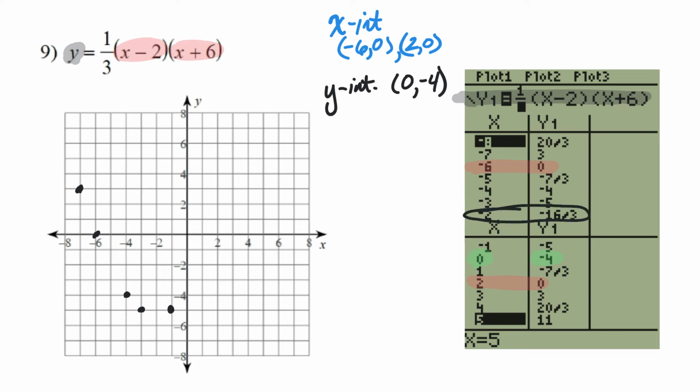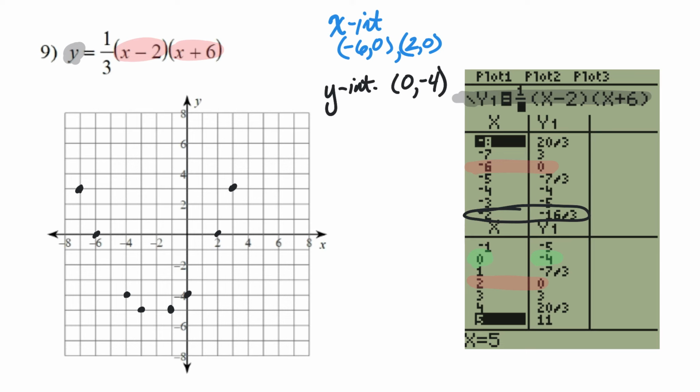So you see that value did not pair out. I'm going to learn what that number is in just a minute, but now we're going to start seeing that symmetry. 0, -4, which was our y-intercept. We had a point at 2, 0. And again, symmetry. So we're going to have a point at 3, 3. And then we have a point at 5, 11, which is off the graph.